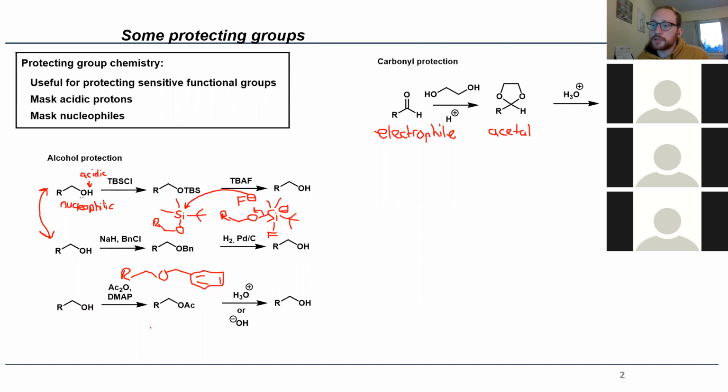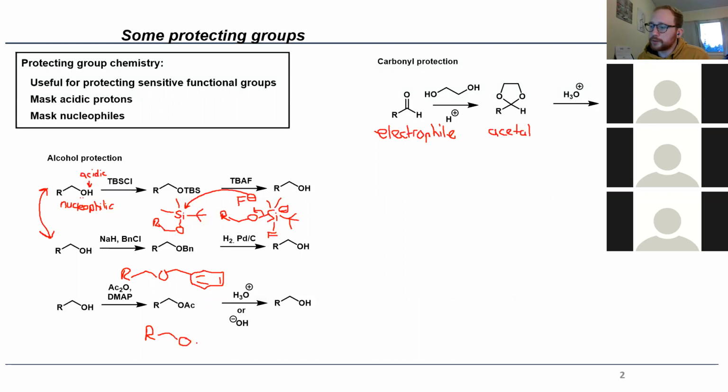A third example here is the acetyl group. We can put these on with acetic anhydride and dimethylaminopyridine. There's other ways we can do this. Acyl chloride will work just fine. This makes the acyl group. This is a little bit different than the others.